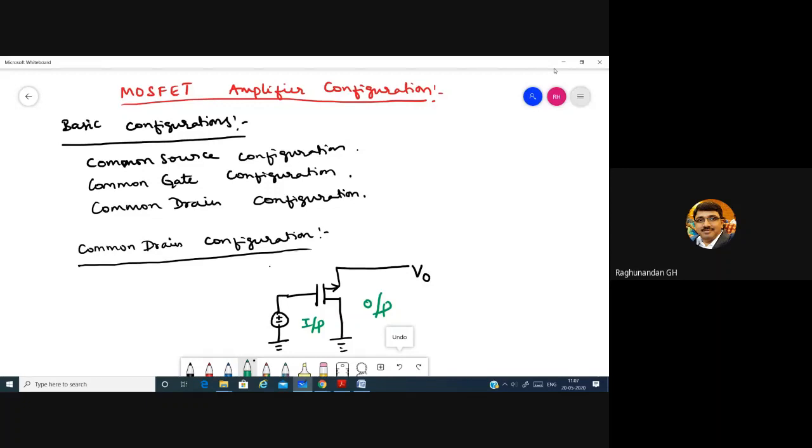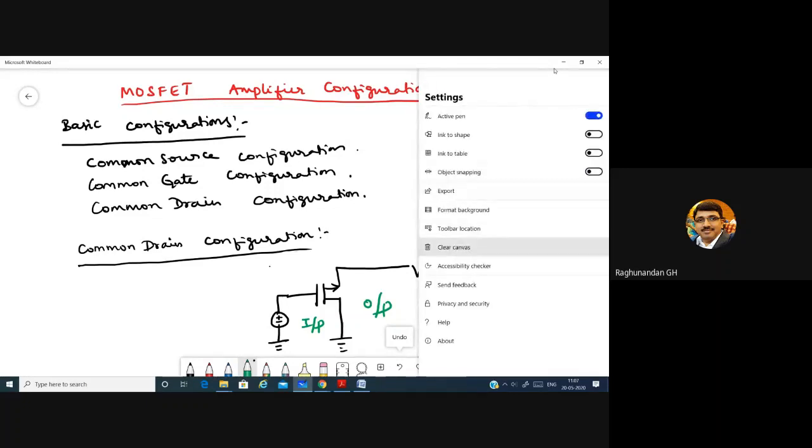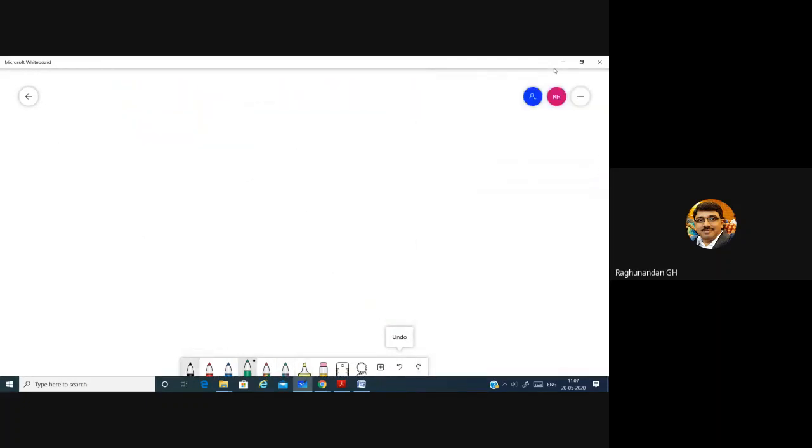So before going on to the actual circuit analysis of the configuration, we have to study some of the characteristics. Among those characteristics, we have Rin, that is input resistance.